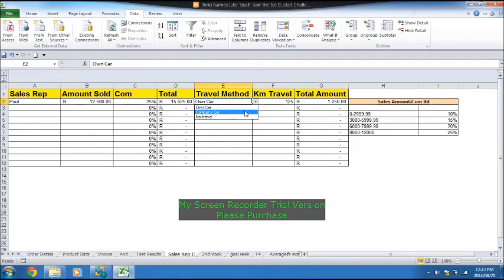Whereas if I said I used a company car, it would multiply by 5, and 125 times 5, as you can see, gives me 625. So once again, I've used a formula to look at what the travel method was, so that that formula could then multiply the kilometers by 10 or by 5.